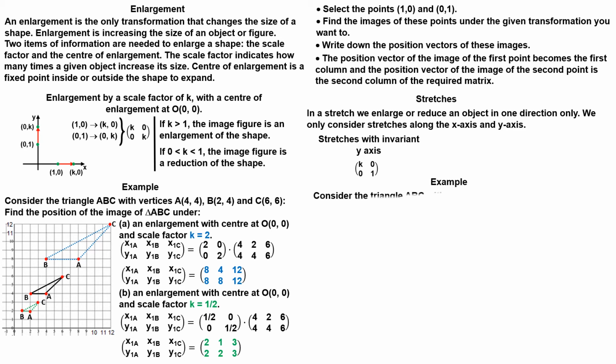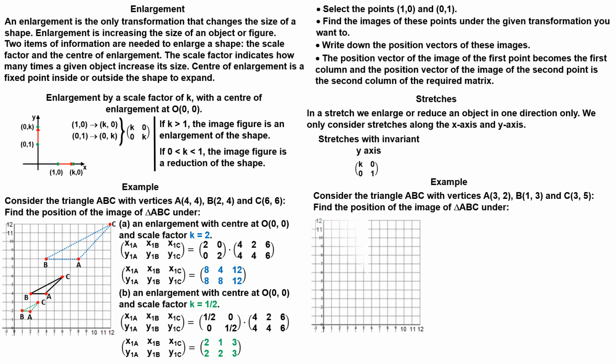Consider the triangle ABC with vertices A, B, and C. Find the position of the image of triangle ABC under a stretch with invariant y-axis and scale factor k equals 3.